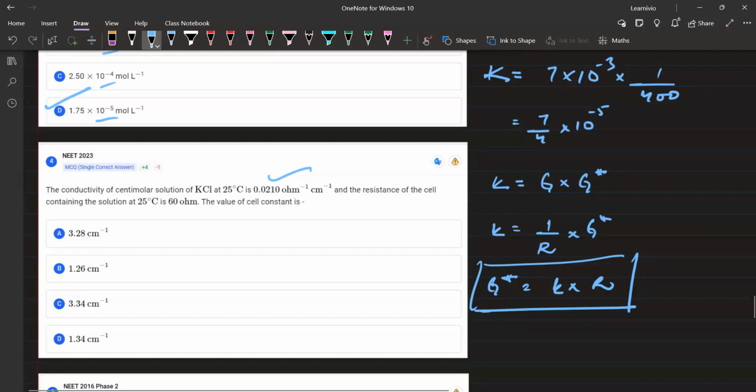Guys, this one is quite easy. I mean, even if you just look at the numbers and look at the options, 0.02 into 60.